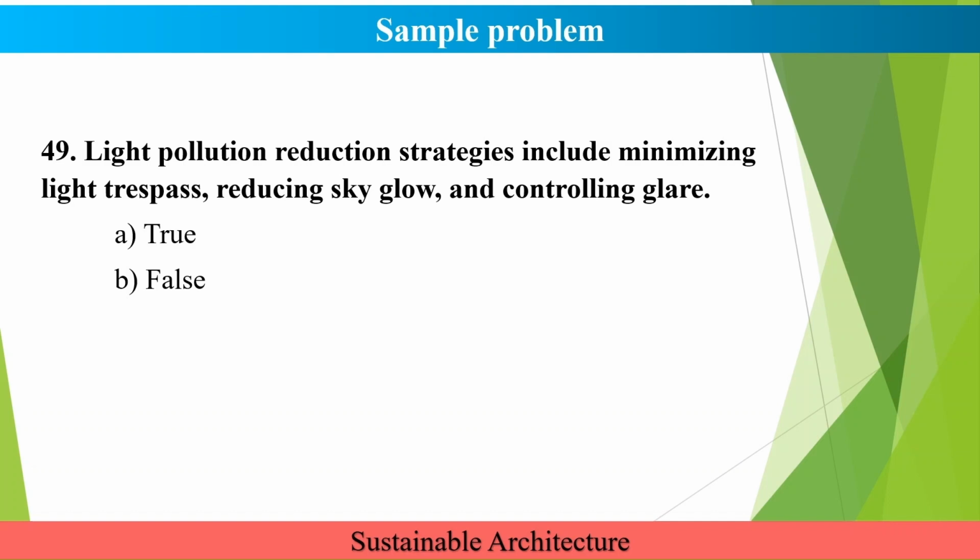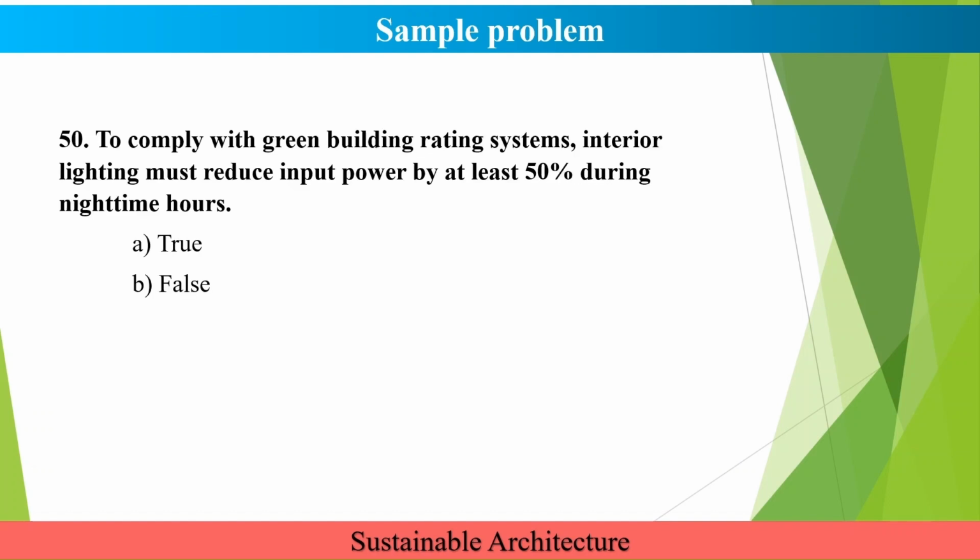That is fine. Let's move to the last question of the sample paper. Here is the last question for all of you. Question number 50. Try to give the answer to this question also.